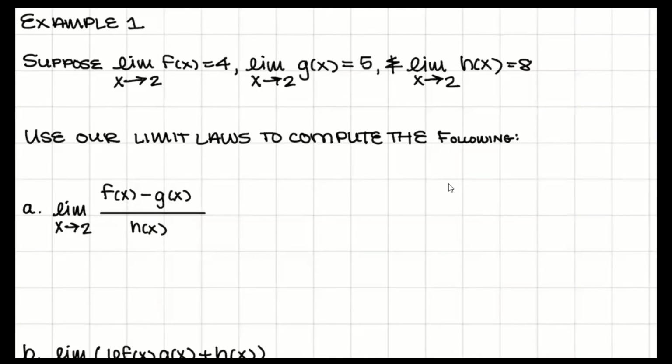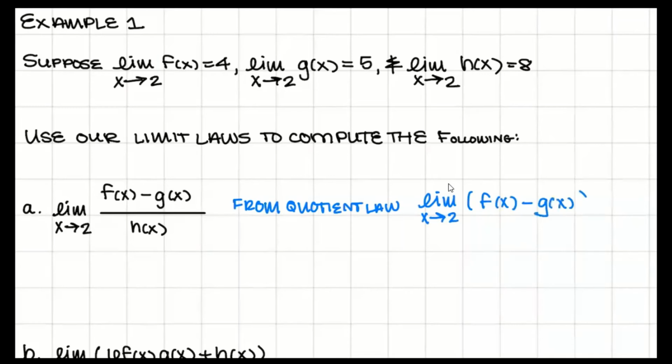So we can use our quotient rule to write the limit as x approaches 2 of f of x minus g of x, all over the limit as x approaches 2 of h of x.